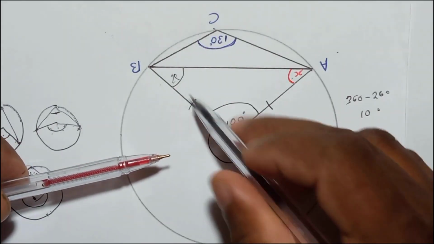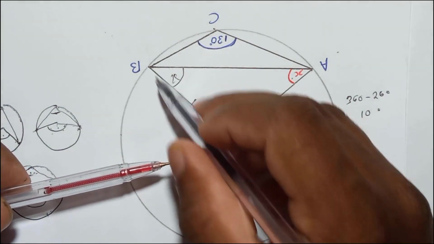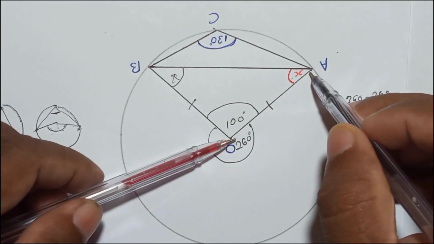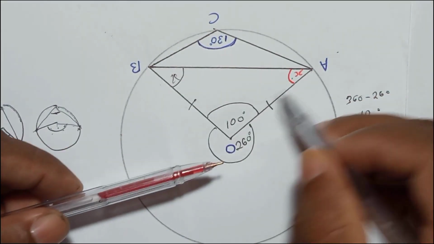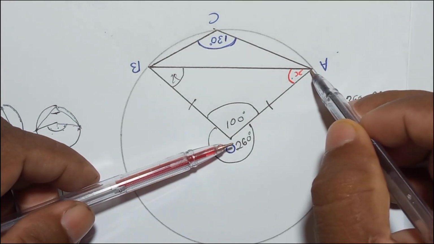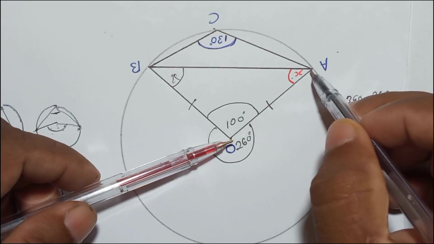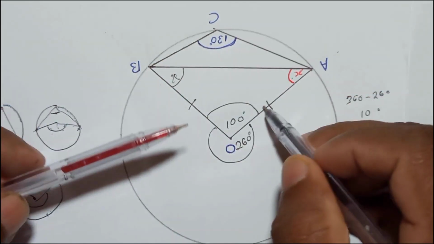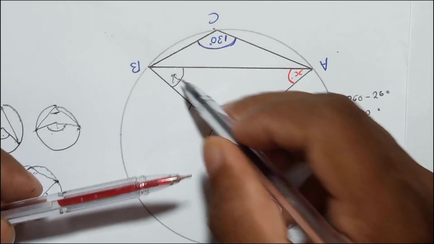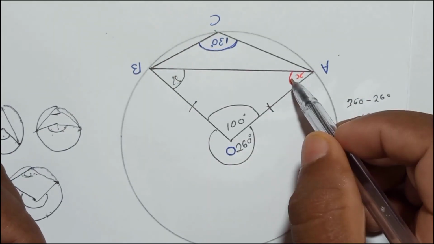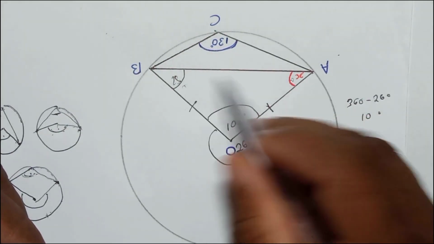In an isosceles triangle, where we have two equal sides, the angles opposite those two equal sides must also be equal. Now this side's opposite angle is this one, and this side's opposite angle is this one. That means these two must be equal.